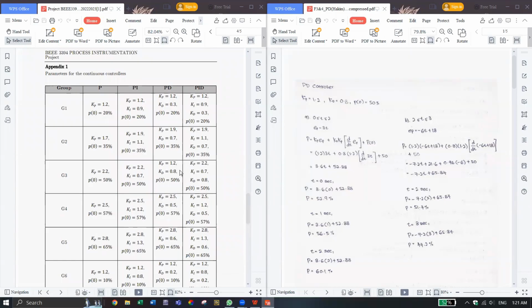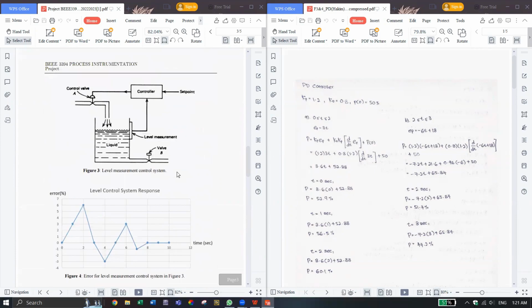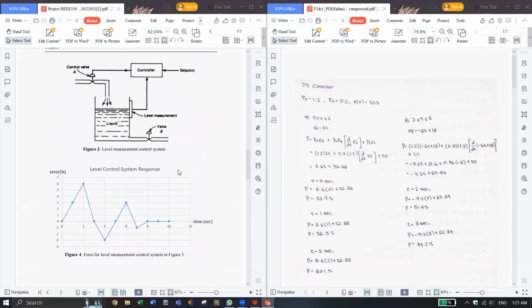For the PD, the information given is KP equal to 1.2, KD equal to 0.8, and P0 equal to 50%. Okay, this is a figure for the level measurement control system, and this is the error graph for the level measurement control system that is given.